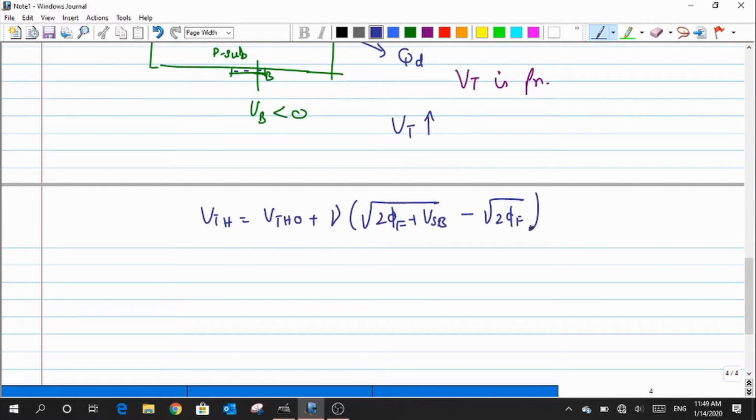This is the formula I was supposed to write on the day I was talking about the relation between ID and VGS. We ended up with a crappy threshold voltage expression, but this is the right expression.